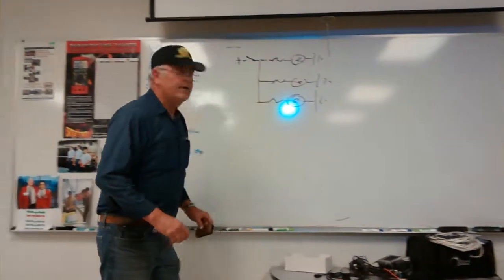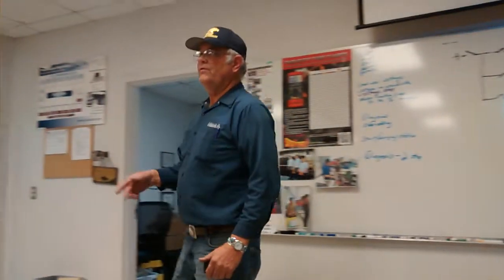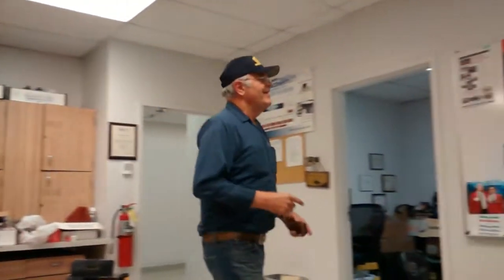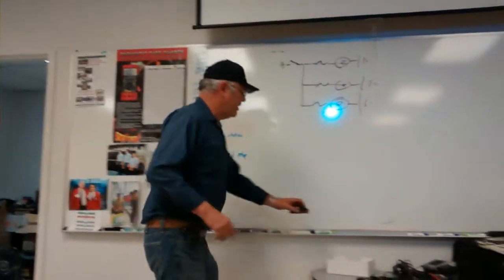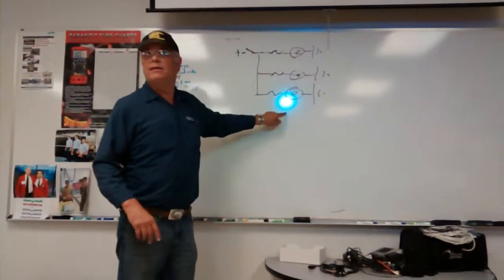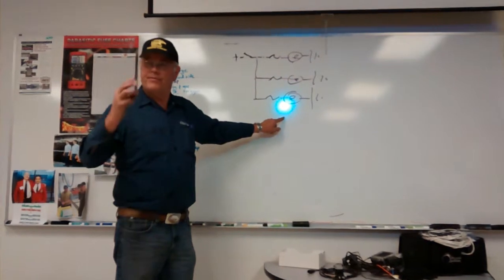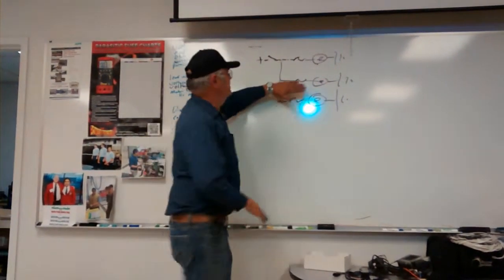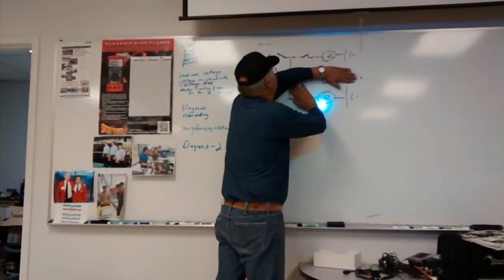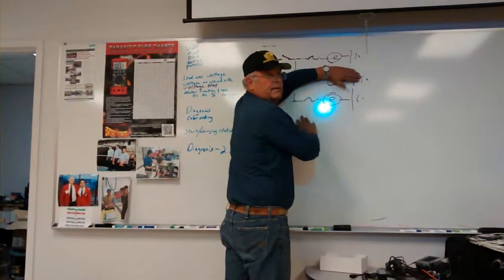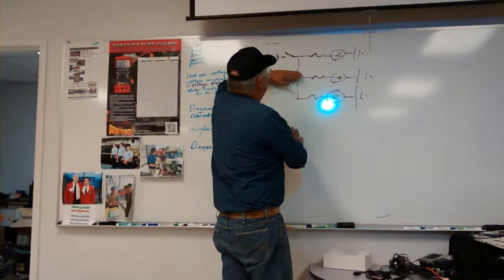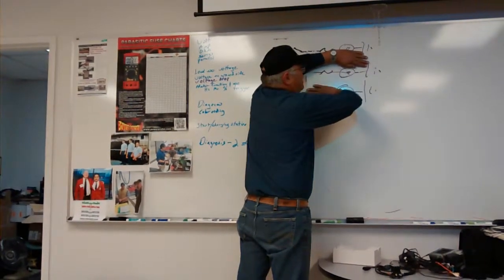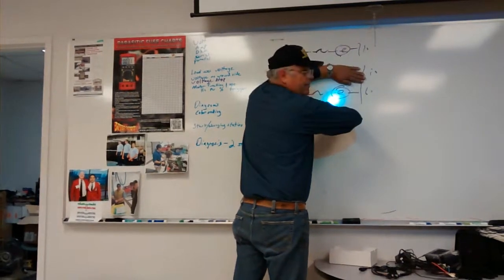Now, I want to point out one thing that is confusing in the books sometimes. A series circuit, this one, is made up of 3 series circuits. So if I take these 2 out, isn't that a series circuit right there, all in a line? So if I'm doing diagnosis and this one doesn't work, isn't that a series circuit all in one line? Yeah. And so is that one. Yep.